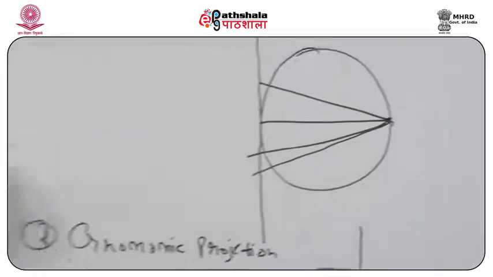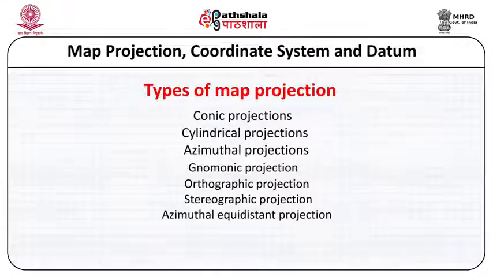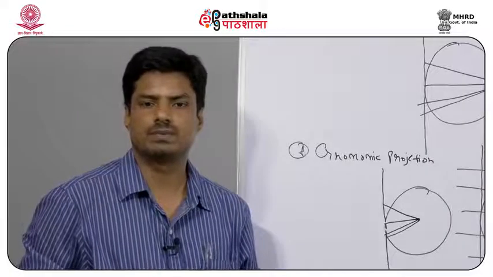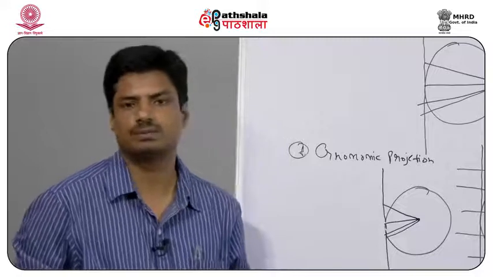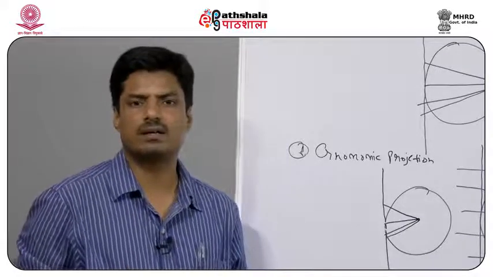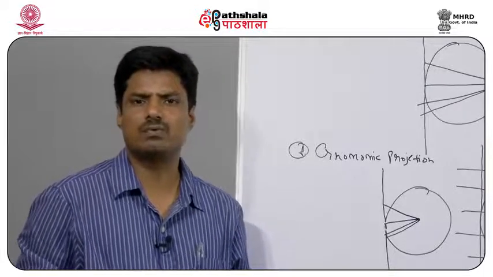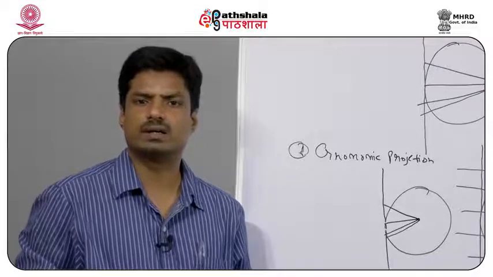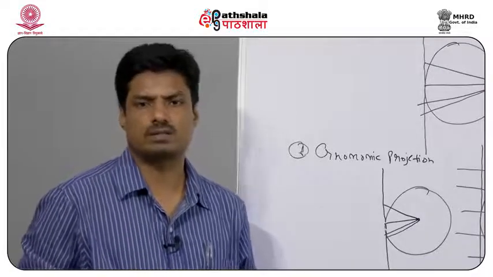Other two important projections in this category are azimuthal equidistant projection. This projection is basically a non-perspective projection. The distortion away from the center increases. This projection is basically helpful in finding out the air routes for a shorter distance.